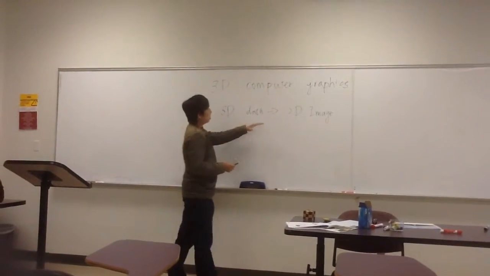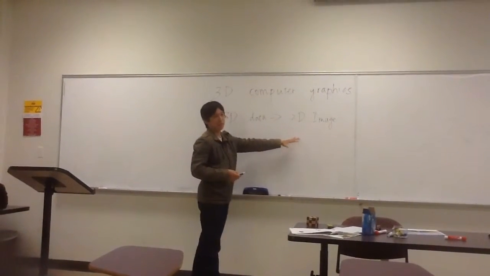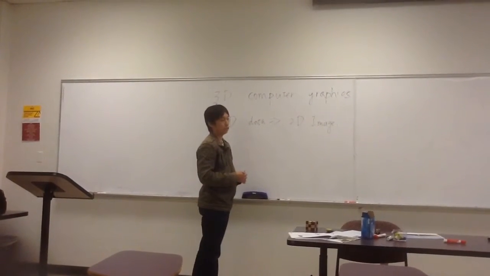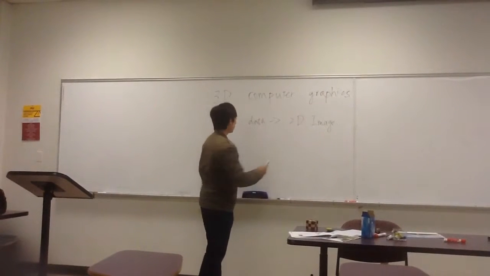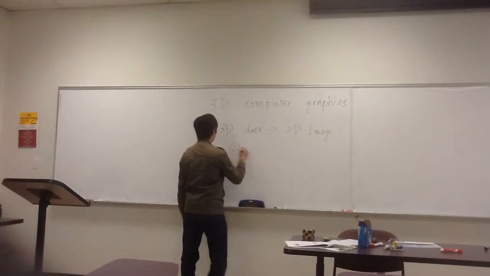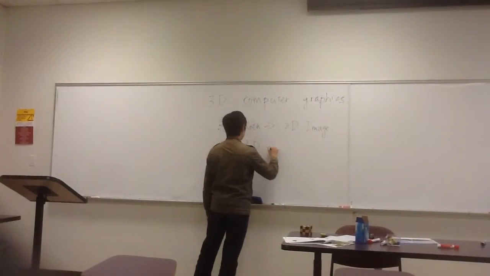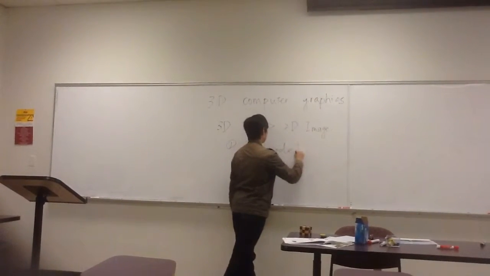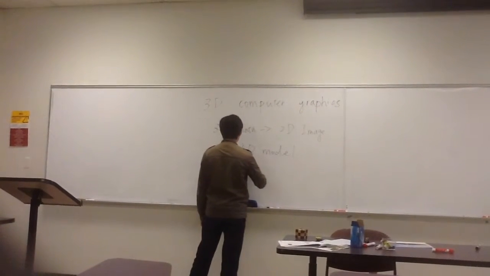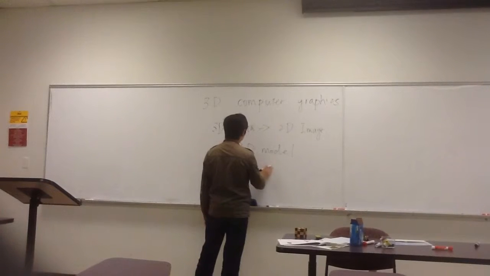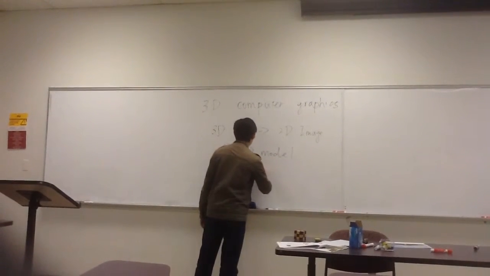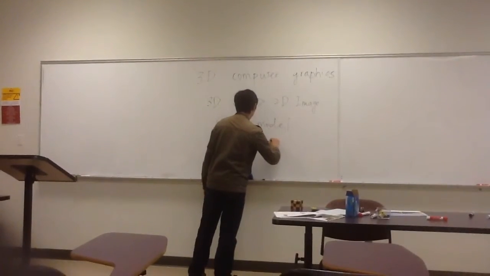So for 3D computer graphics, there are three important phases to generate a 2D image. So let's write them down. The first one is we need to have a 3D model. And the second thing is we need to lay out, which means put this 3D model into the specific position we want, and the animation.